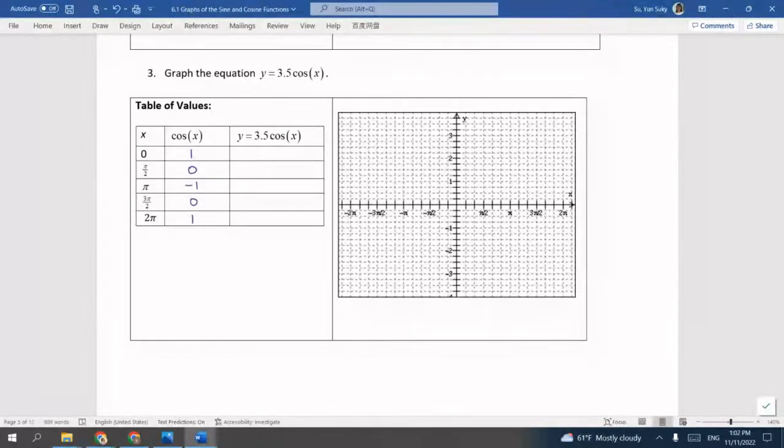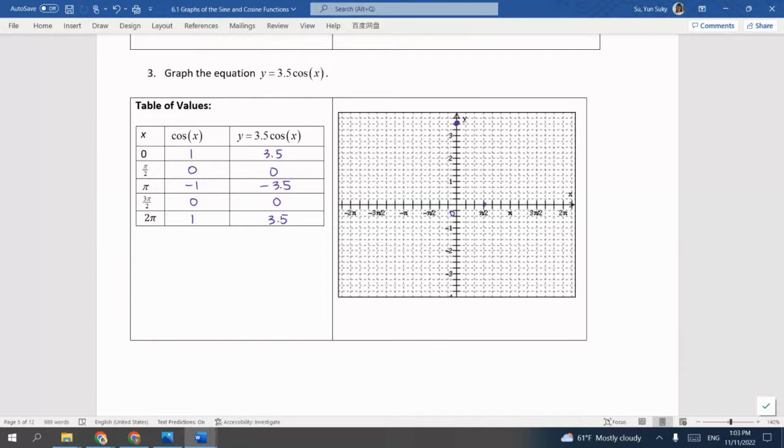We want to multiply by 3.5. Therefore, 3.5 times 1 is 3.5. And 0 times anything is 0. Negative 1 times 3.5 is negative 3.5. 0 times 3.5 is 0. And 1 times 3.5 is 3.5. So when x equals 0, we get 3.5.